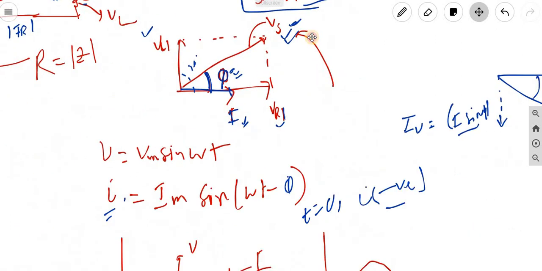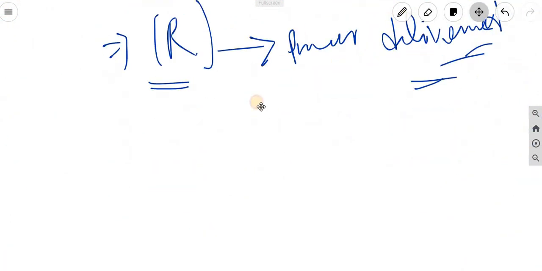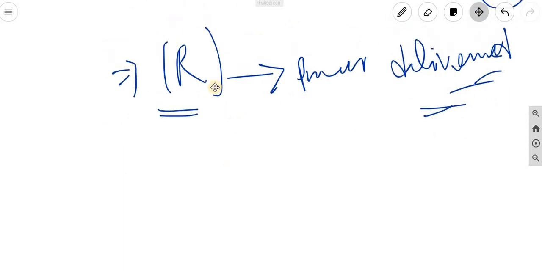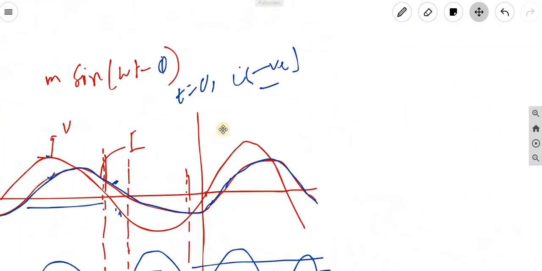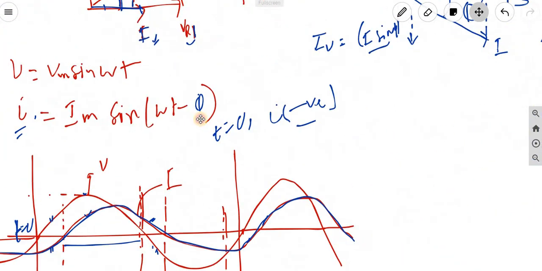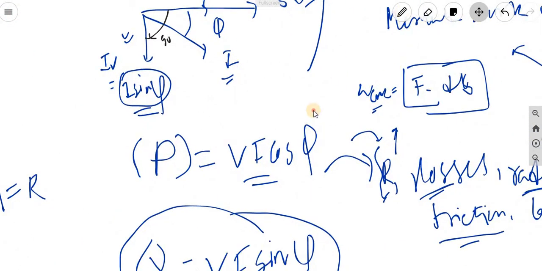Okay. So whenever we deal with the power factor, in the expression of this, this factor is known as the power factor.